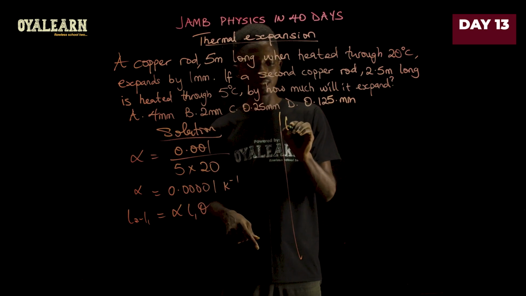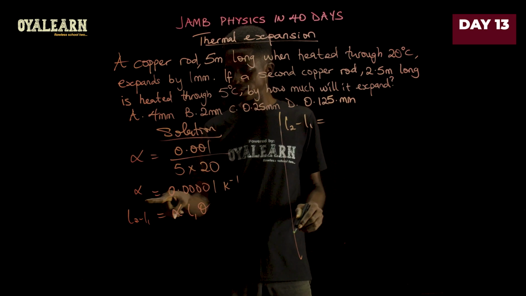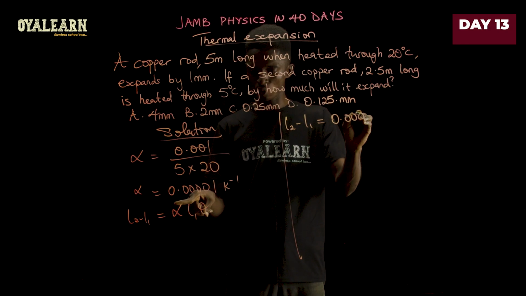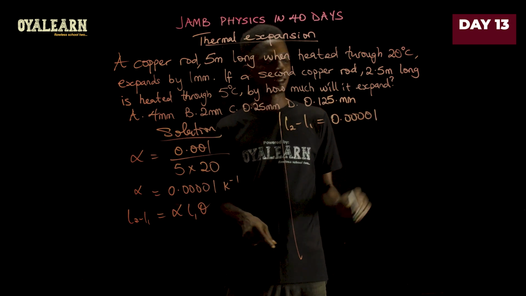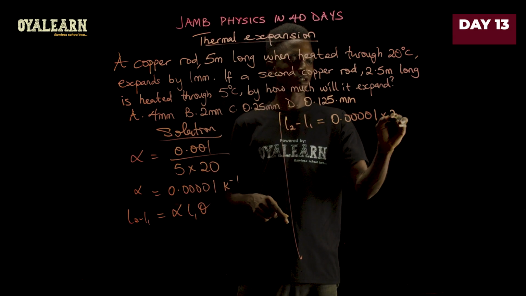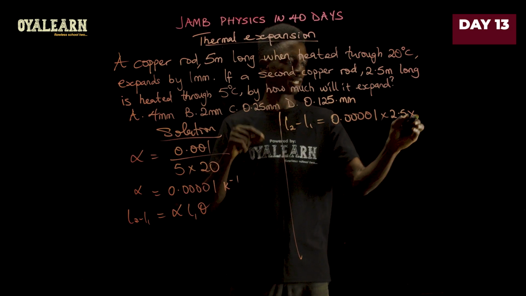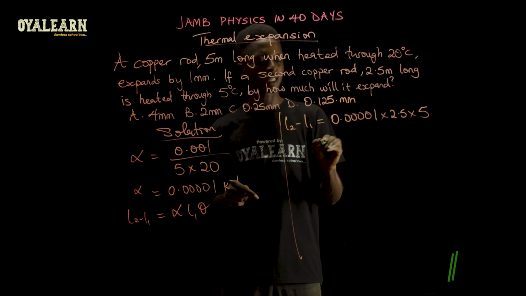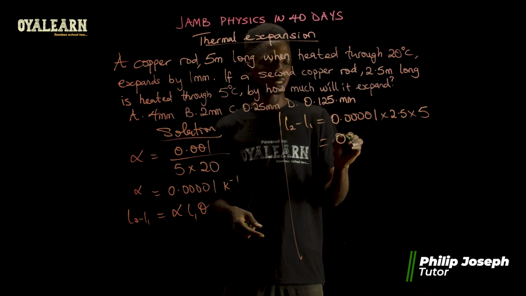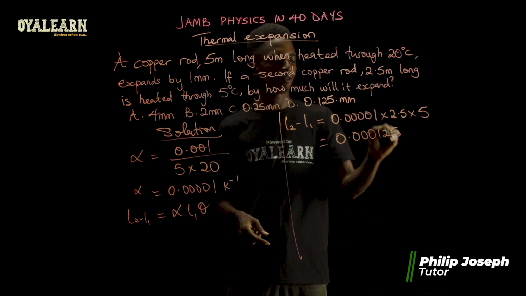So the change in length, L2 minus L1, therefore becomes now alpha, which is the linear expansivity, 0.00001, multiplied now by the original length. From the question we have it as 2.5, multiplied by the change in temperature, which is 5. Now by the time you multiply this, remember we are still working in meters, so we should end up with 0.000125.